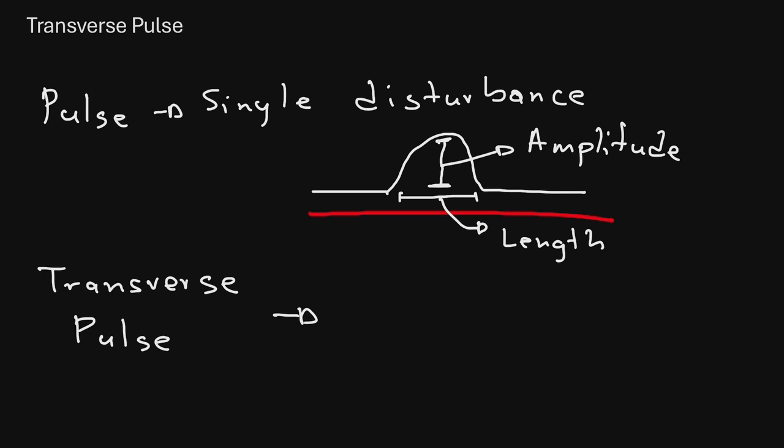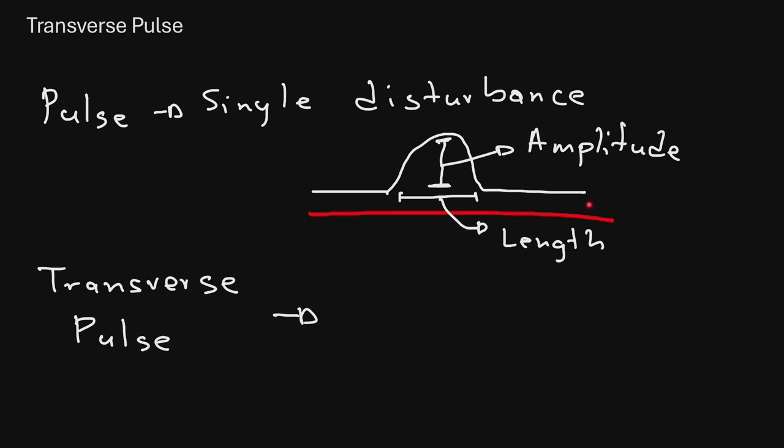Remember, if we have a rope, the pulse is going to travel through the entire rope. But now it's just going to go up and return, go up and return until it completes the rope.